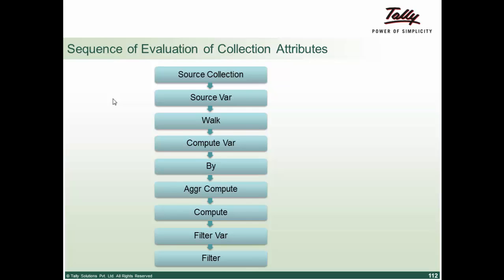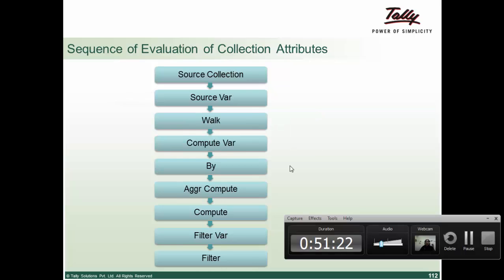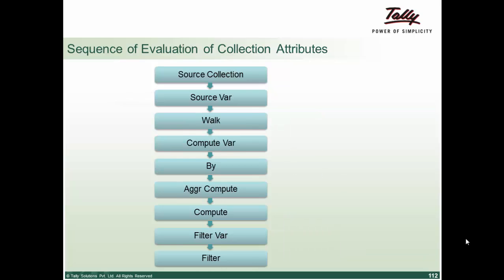So no matter what sequence as a developer you write, this is the order of evaluation in which the collection will evaluate your attributes. So first will be source collection, then source var, then walk, compute var, by, compute, aggregate compute, filter var, and then the last thing that we will have is filter. This is the evaluation order.